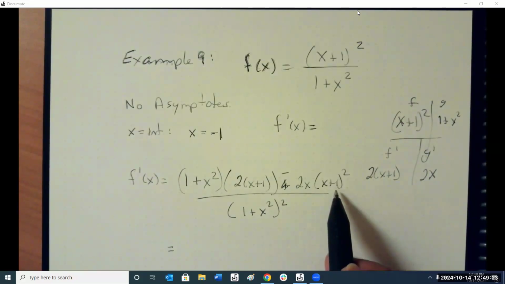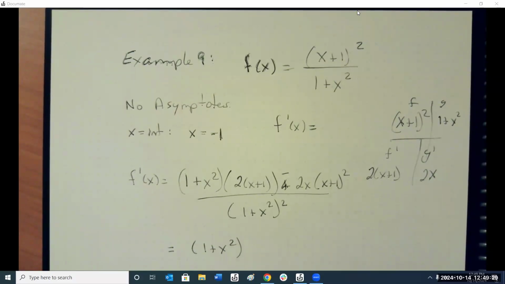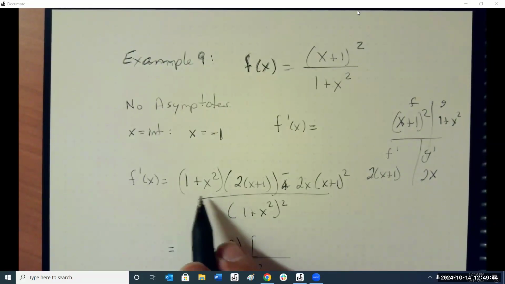Okay. I can take out a 1 plus x squared. Now factor it out, 1 plus x squared.